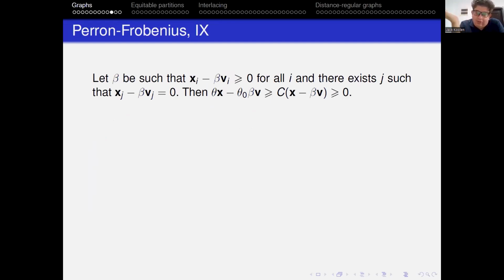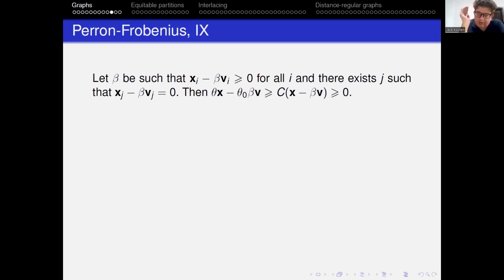So we have the vector phi, and that is non-negative. And we know that there exists a beta such that x minus beta phi is non-negative, and we take beta as big as possible. We know that every entry of x is positive, so beta is bigger than 0, but we take beta as big as possible.